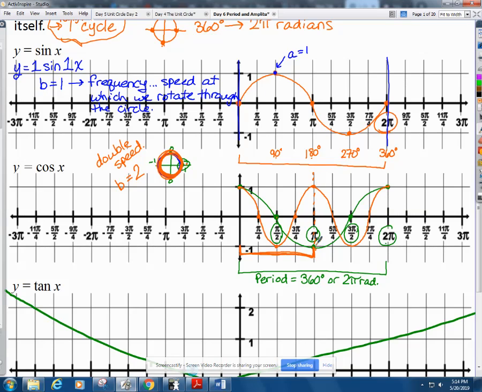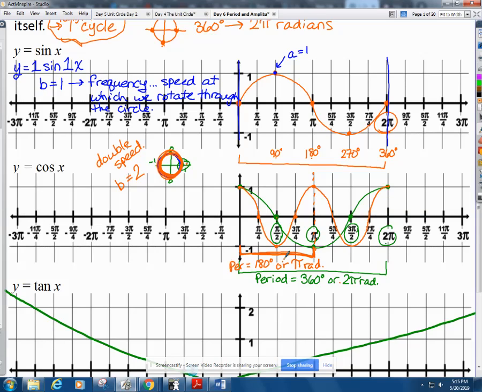So one curve on this graph, the orange, I start at 0, but we ended at 1 pi instead of ending at 2 pi. So one curve goes 0 to pi, which is 180 degrees. So the period of the orange is 180 degrees to go around once, which is 1 pi radians. So the period is cut in half.